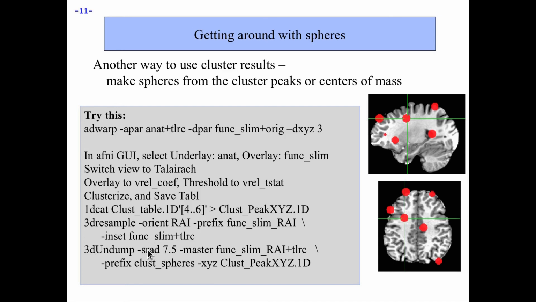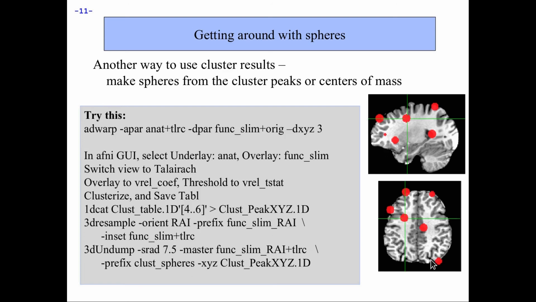Here we're saying put a 7.5 millimeter sphere, that's the radius of the sphere, using this data set as our master, which defines our grid, and use the set of XYZ locations that we generated just above. And this is what it looks like in AFNI.